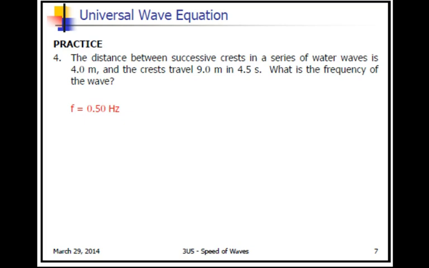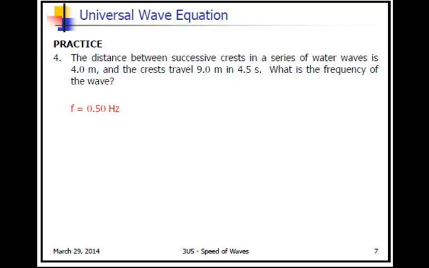What I need to do is figure out from the question, what is my lambda and how do I find my v? So the distance from crest to crest, and successive means the crest next to it, that's also another way of finding our wavelength. So our lambda is equal to 4. And we have here the crest travels 9 meters in 4.5 seconds.